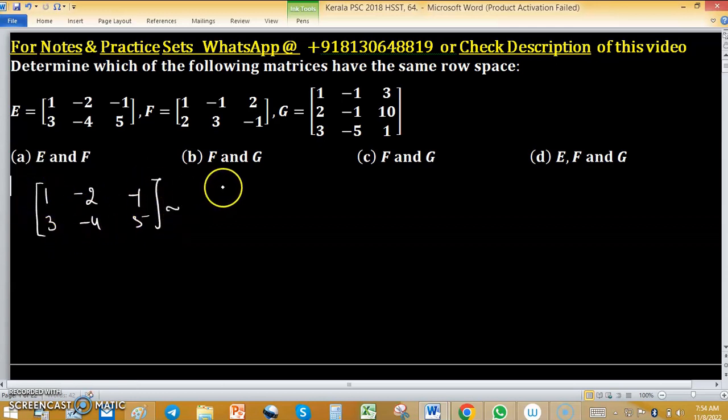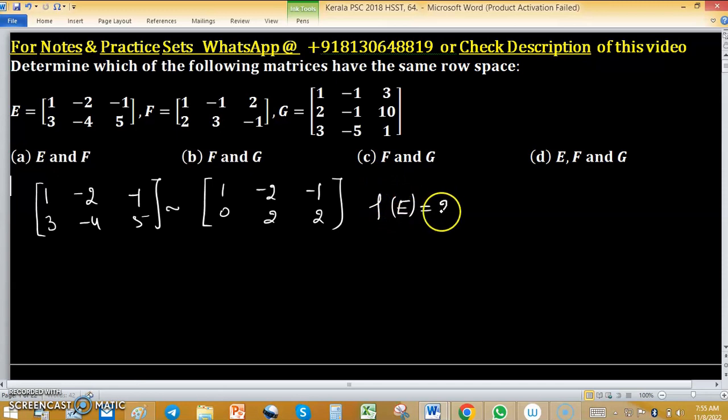We will get the equivalent matrix as 1, minus 2, minus 1, 0, 3, 2, is 6, 2 and 3. So we are getting 2. So rank of this matrix is 2. Rank of matrix E is equal to 2.